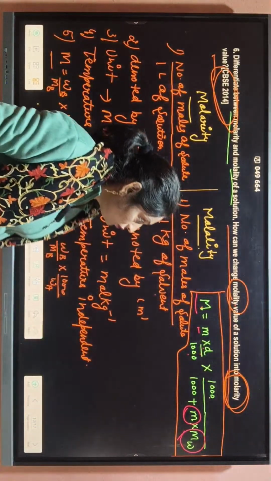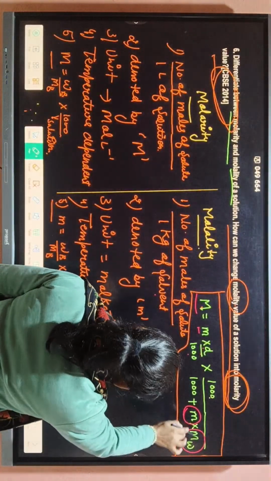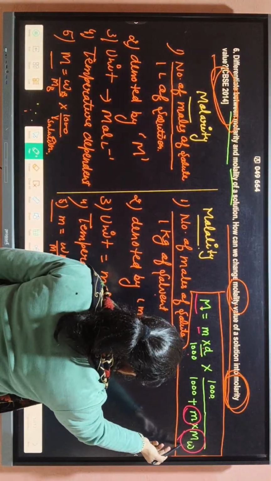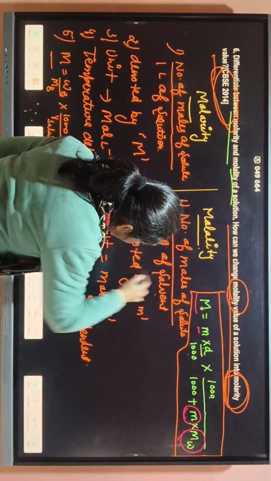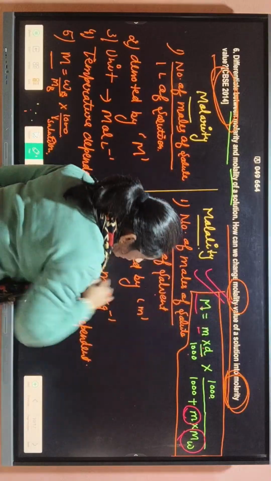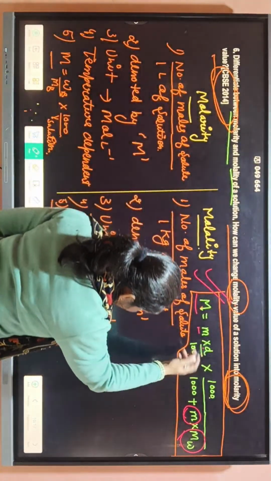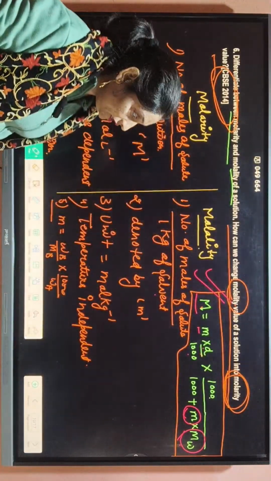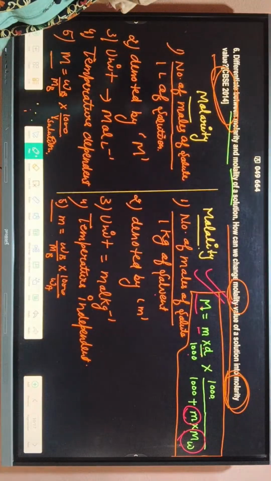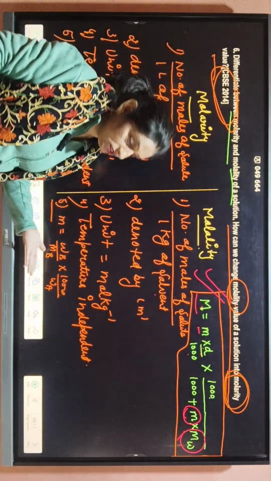If you know the molecular weight, molality and density of the solution, then you can calculate molarity. By using this formula, you can convert molality into molarity and molarity into molality. I hope this question is also clear to all the students.